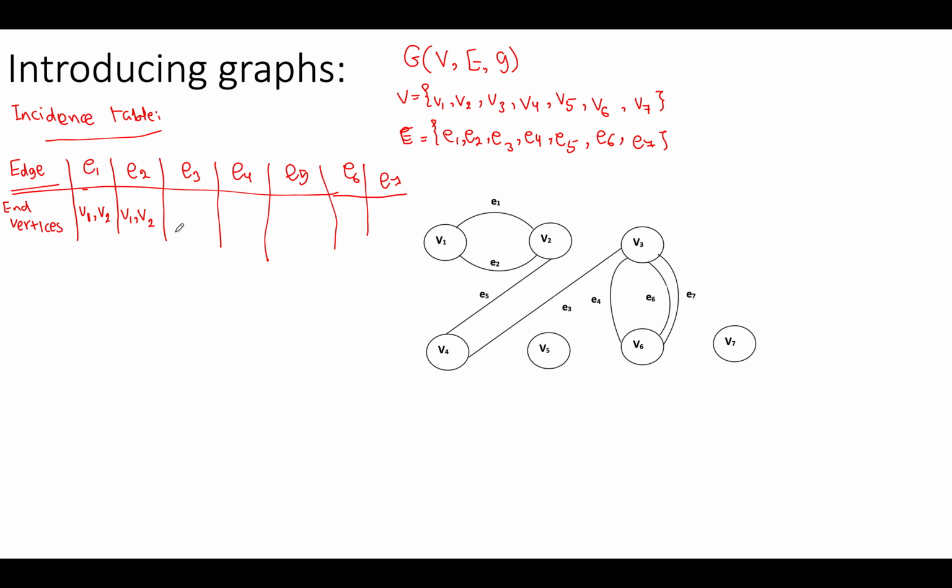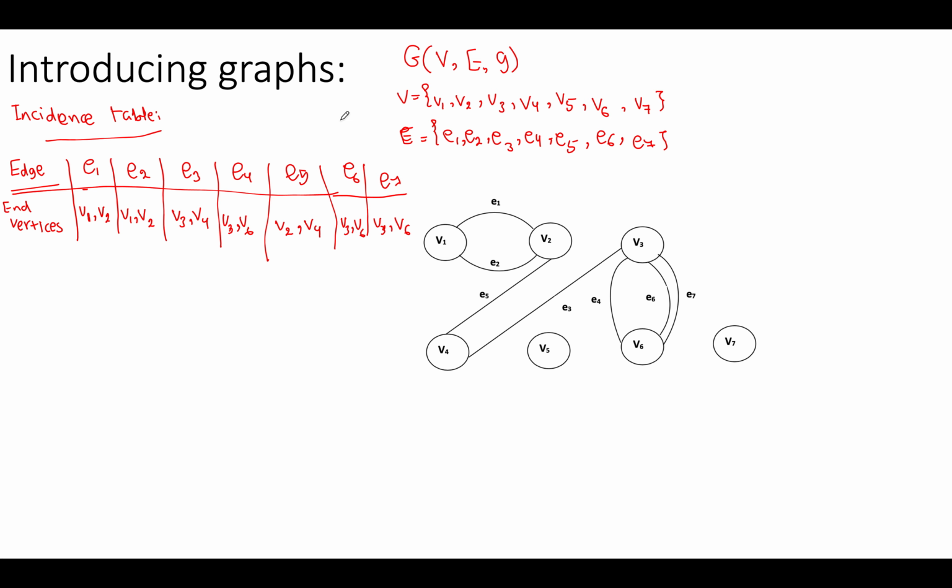E3 is connecting V3, V4. E4 is connecting V3 and V6. E5 is connecting V2, V4. E6 is connecting V3, V6, and E7 is also connecting V3 and V6.